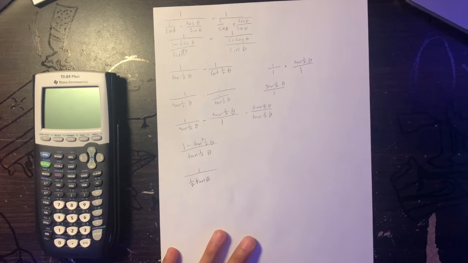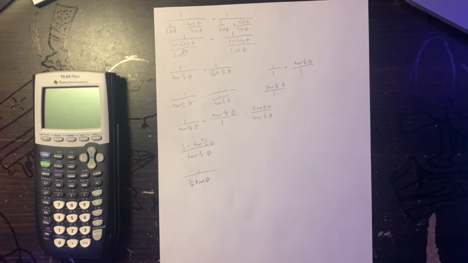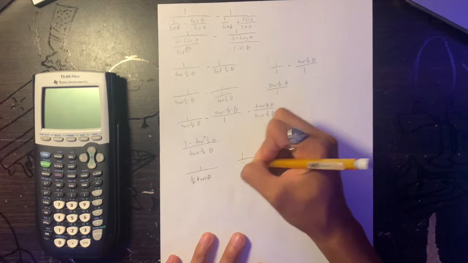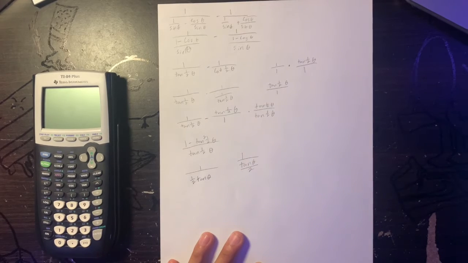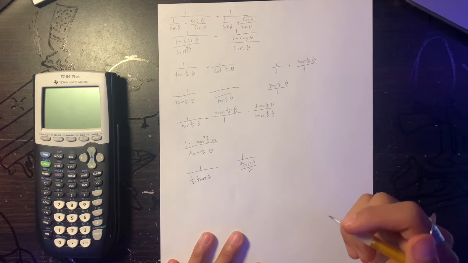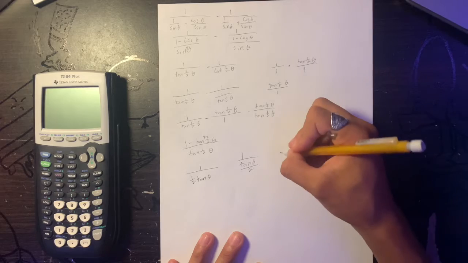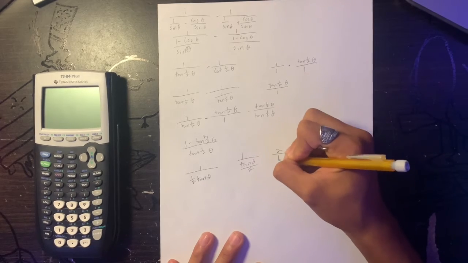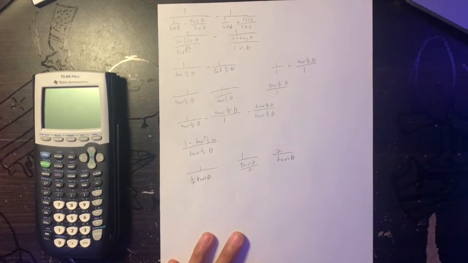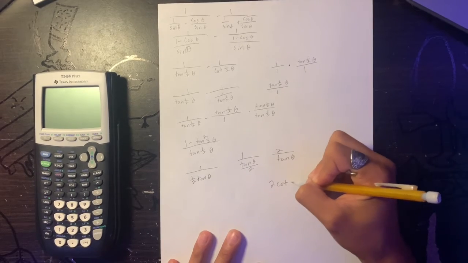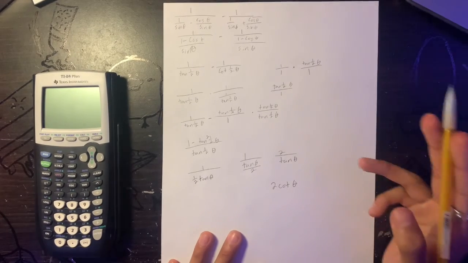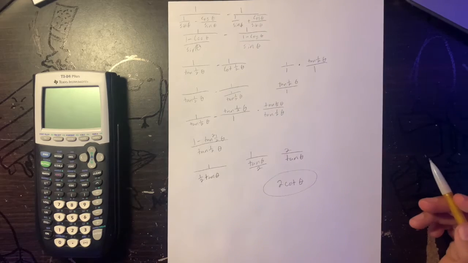And then I can change that into 1 over tan theta over 2. And I can put that around into 2 over tan theta, which I can use that, and that will simplify into 2 cotan theta, proving that our original equation equals 2 cotan of theta.